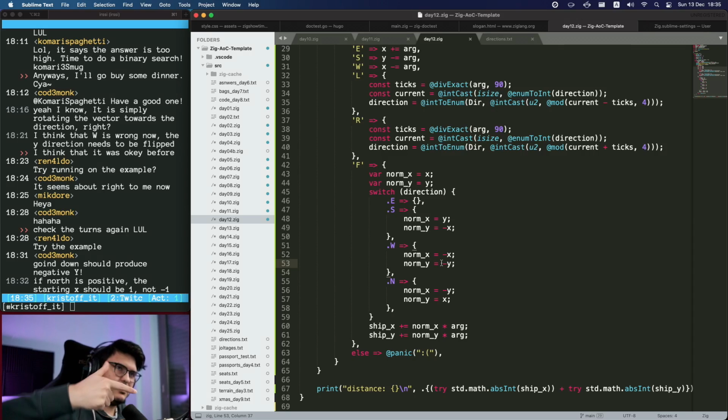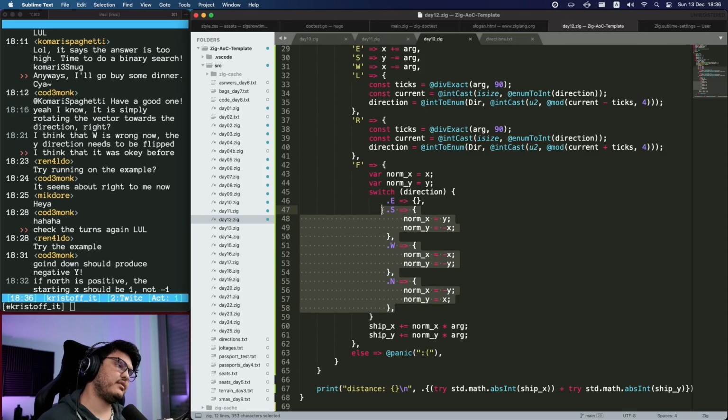North... how do we represent north? I guess like this. X becomes Y but negative, yes. Y becomes X. So this seems right to me.